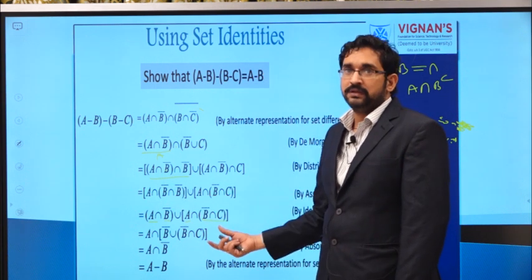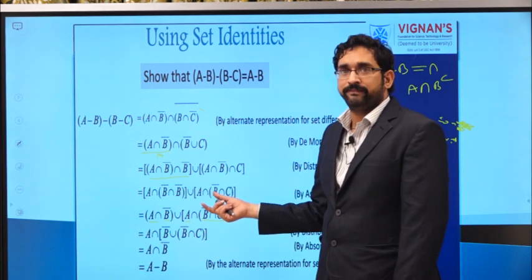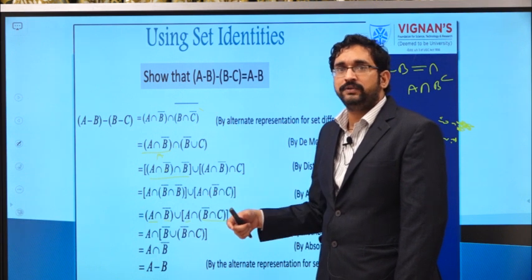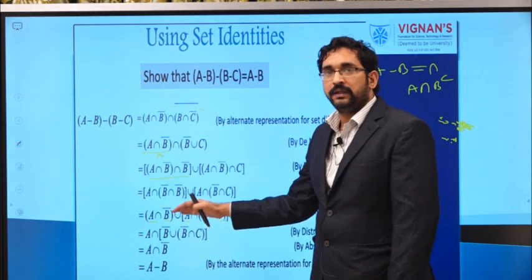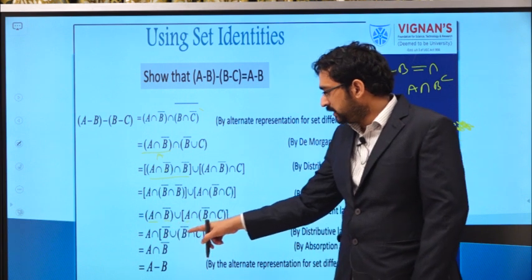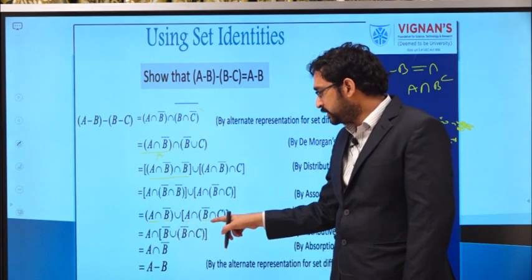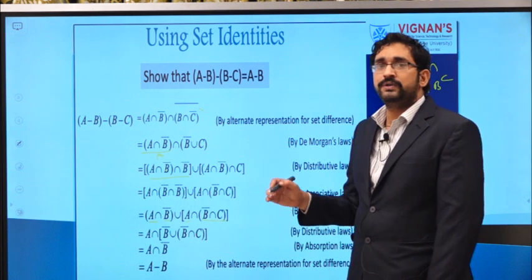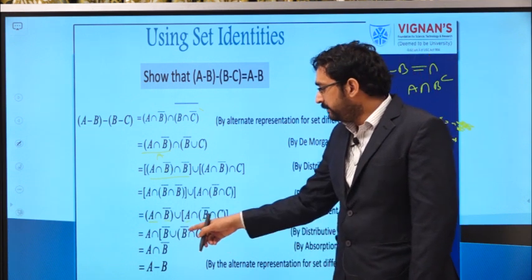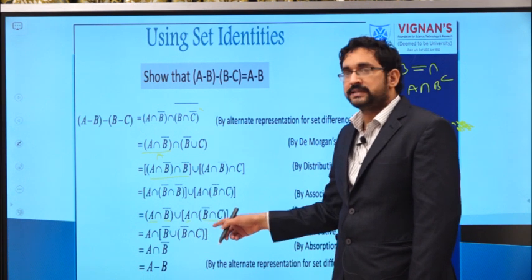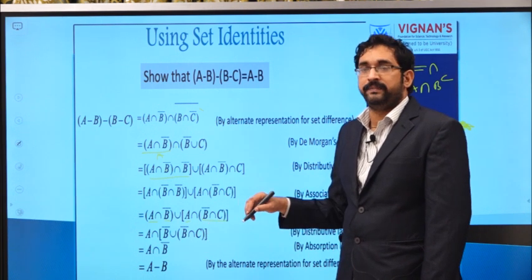So apply the distributive law again. After application of the distributive law, this statement can be written as A intersection of B complement union B complement intersection C. Using the absorption law, B complement union B complement intersection C can be written as B complement.